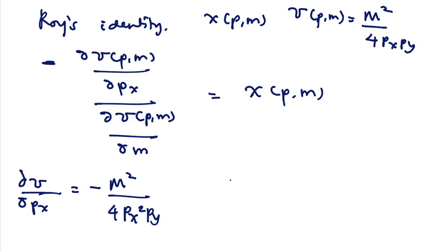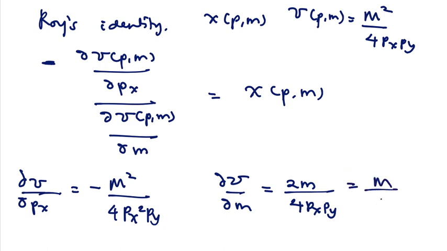Okay, now if you differentiate the indirect utility function with respect to m, this is very simple. It becomes 2m over 4 px times py. So when you simplify it, you get m over 2 px py. So combine these two in this ratio to get the Marshallian demand function, which is what?